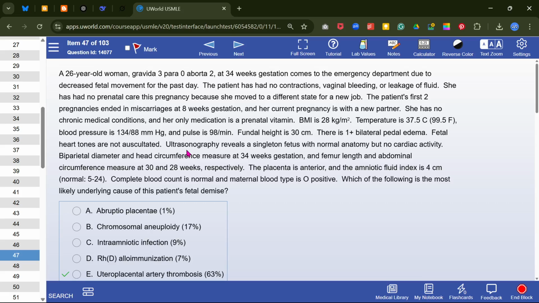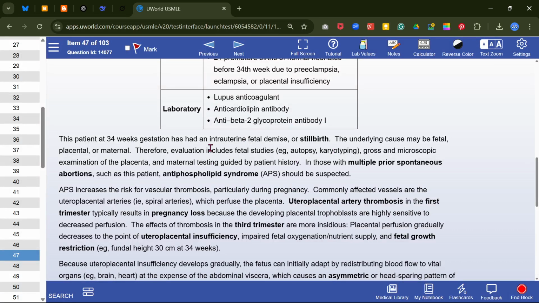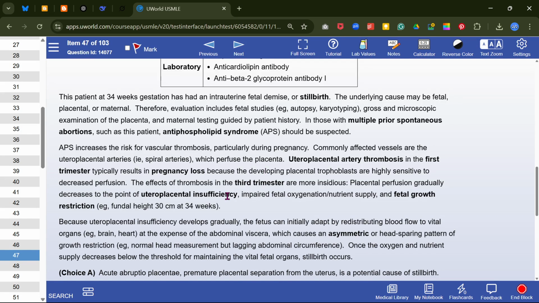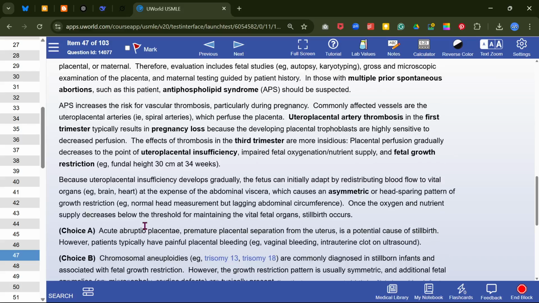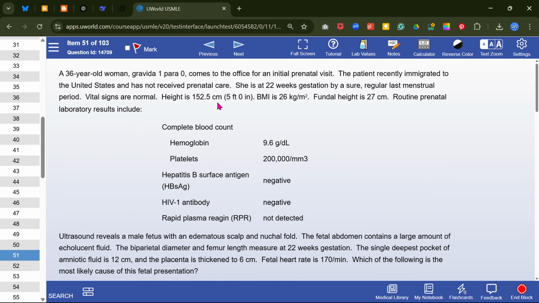So it looks like antiphospholipid antibody syndrome. It is uteroplacental artery thrombosis, and stillbirth or intrauterine fetal demise can occur due to antiphospholipid antibody syndrome. In antiphospholipid antibody syndrome, there is uteroplacental insufficiency, impaired fetal oxygenation and nutrient supply, thus causing fetal growth restriction.